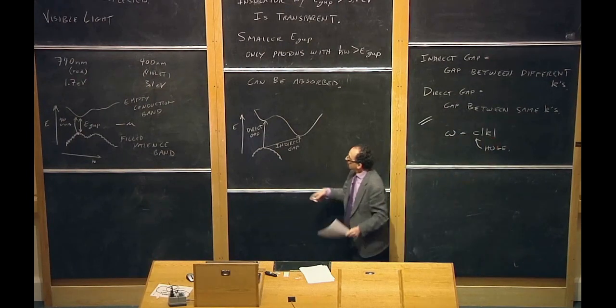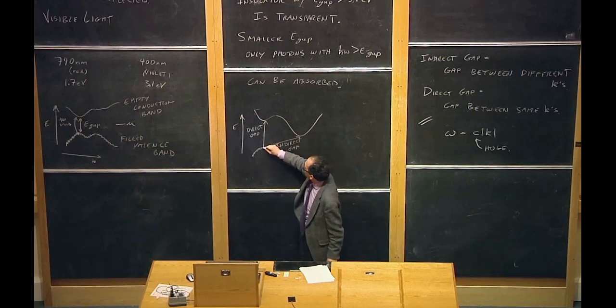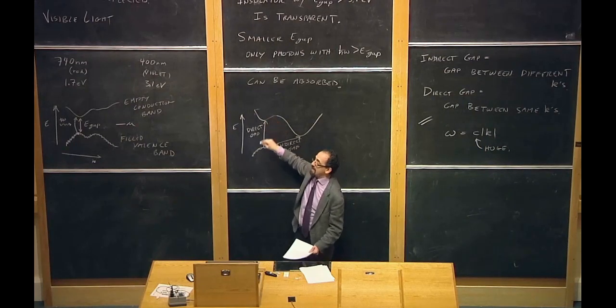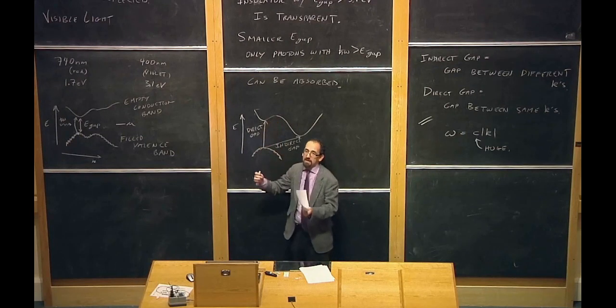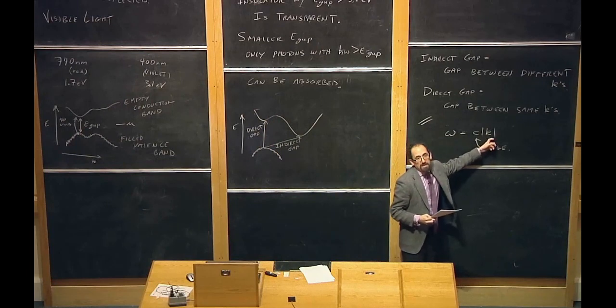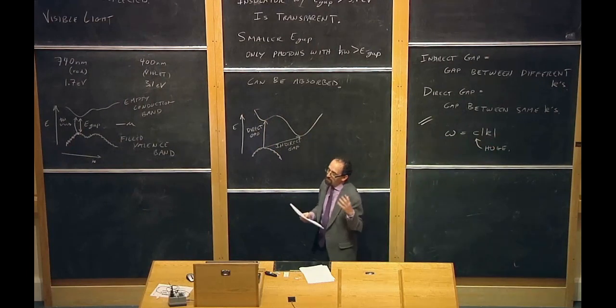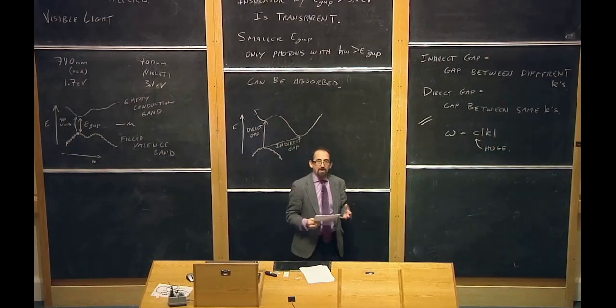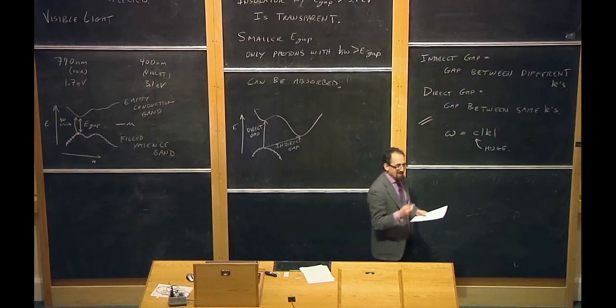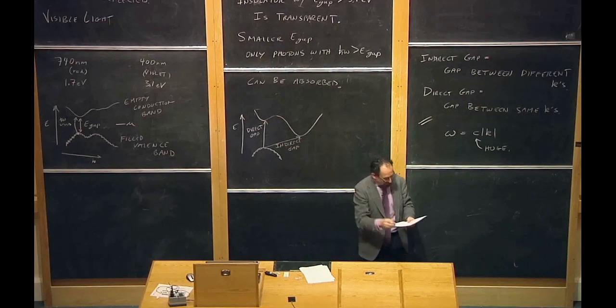So when a photon is absorbed, if you're conserving momentum, the electron basically has to go straight up. The photons do not carry large amounts of momentum. They only carry tiny amounts of momentum because the speed of light is so large. Is that clear? Obvious? Yes? Okay, good. Thank you for answering. I should even give you a chocolate for answering.